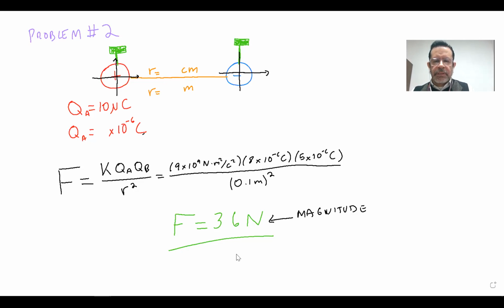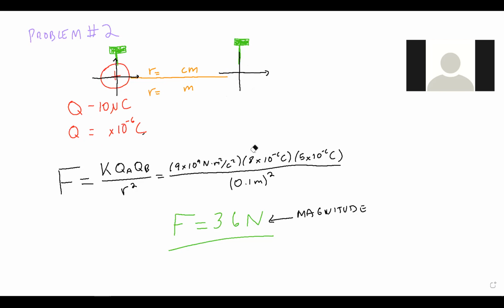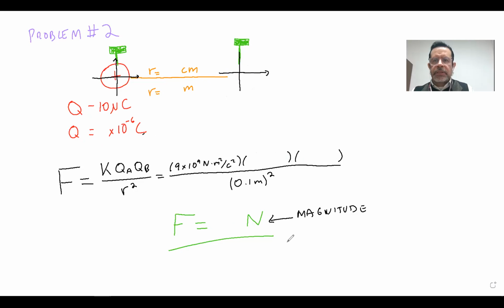I'm trying to reutilize, but it's actually easier if I just erase things. And what's the sign, that's positive, right? Yes, positive. Okay, I think that should do it. It is positive, 10 microcoulombs.